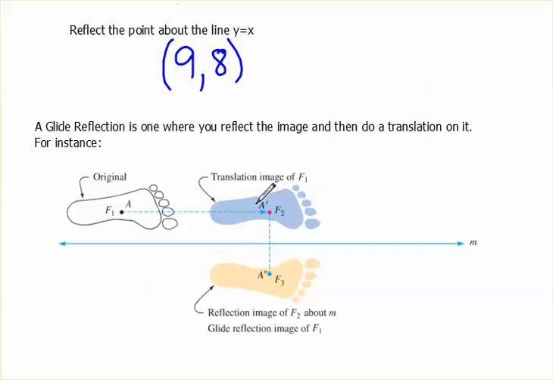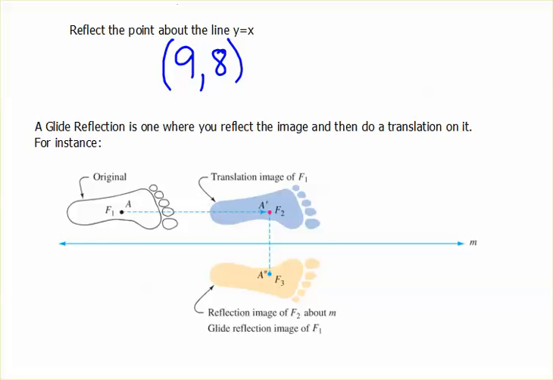For instance, here's a picture of one where we've taken this footprint and slid it up. That's the translation where we just slide it, and then it's been flipped about this line. So that's the reflection part. Here we have the glide, and here we have the reflection part. So it's really just two transformations put together.